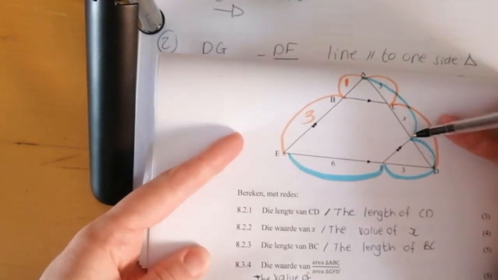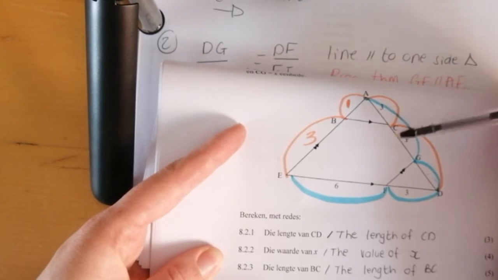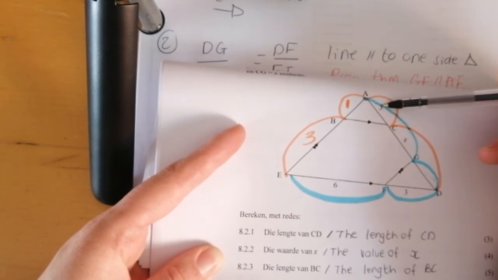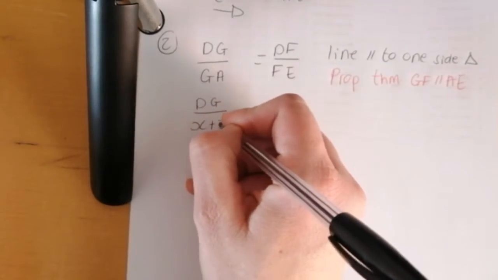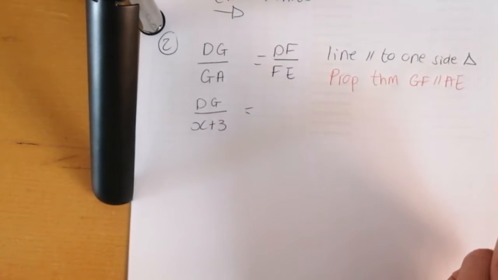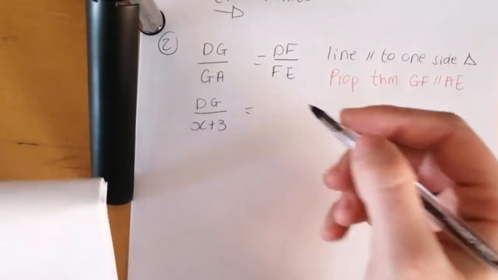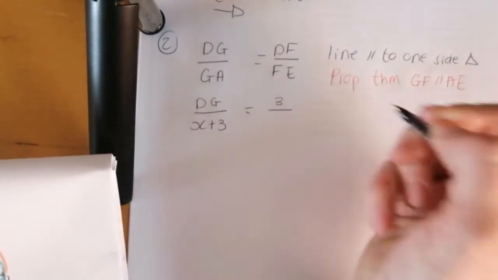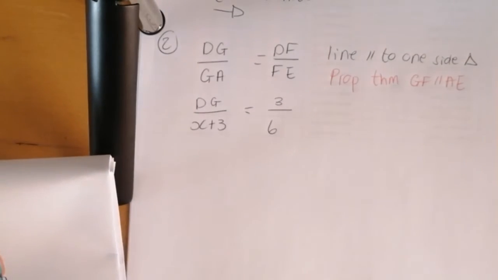Now GA here doesn't have an exact value, but it does have an X and it has 3 here, meaning that GA is equal to X plus 3, equal to DF, which is equal to 3, over FE, which is equal to 6.